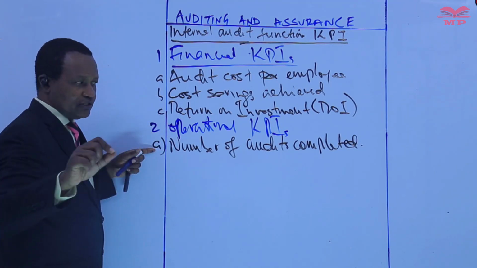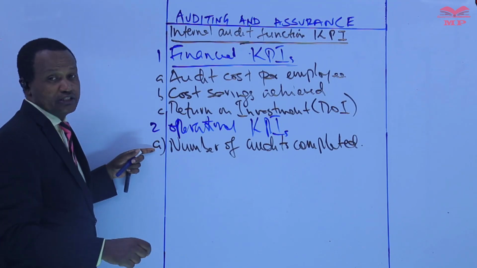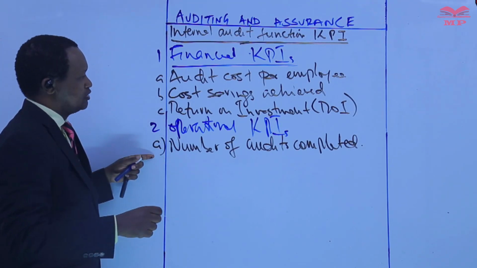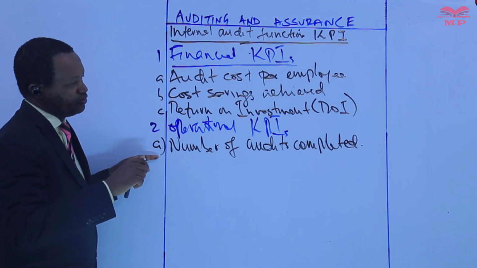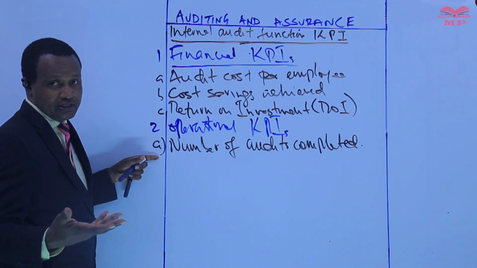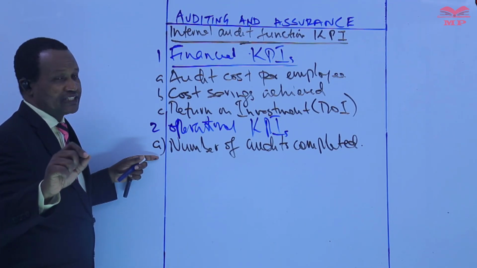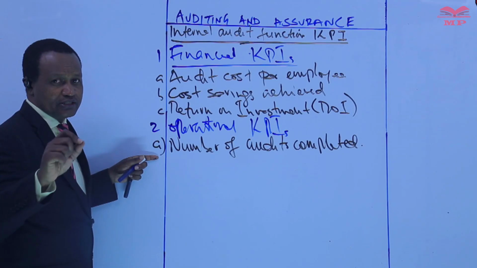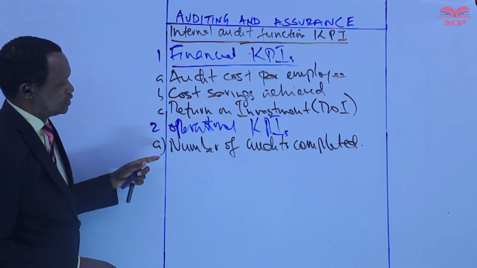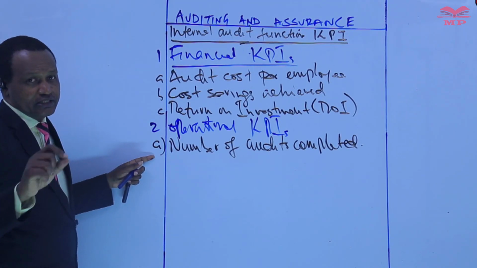So the number of audits completed measures the productivity of that department, and also the ability to meet the planned audit coverage.